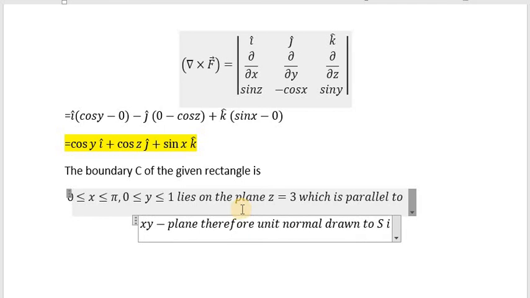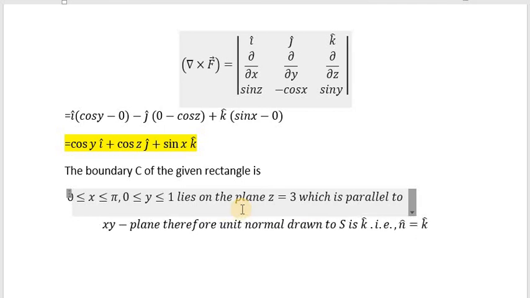Therefore, the unit normal vector drawn to S is k, that is, n is equal to k.